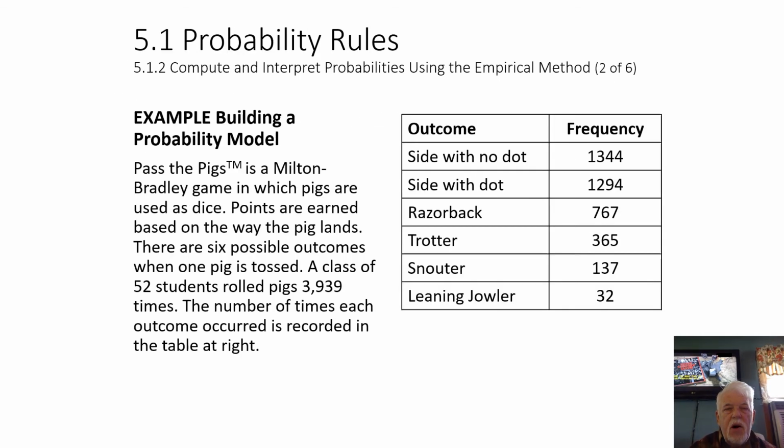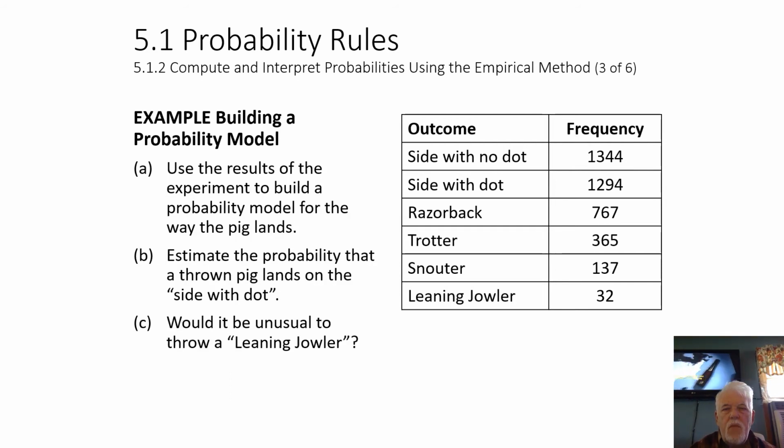So here's an example, and they're playing a dice game, and there are 6 possible outcomes, and what they do is they roll the dice almost 4,000 times, and they observe the following frequencies in their experiment. So then they added them all up, and they used that to determine the probability.